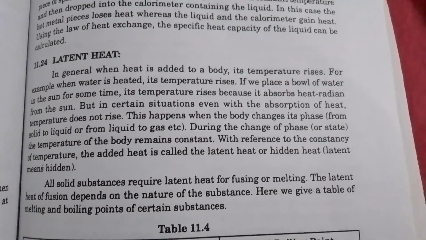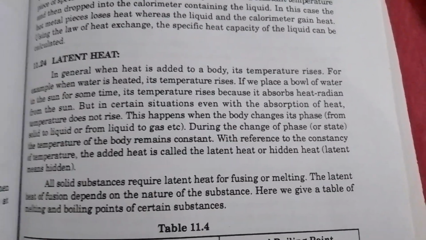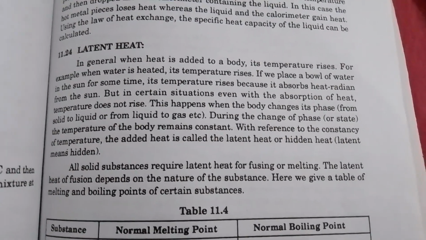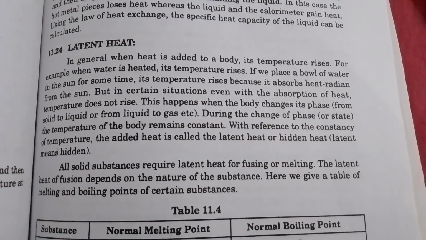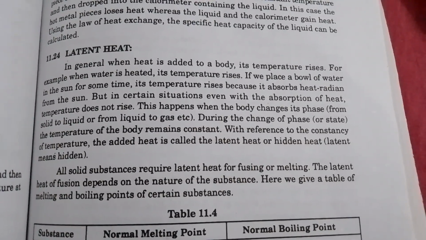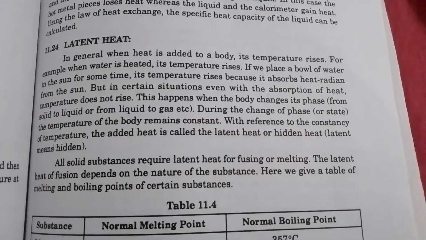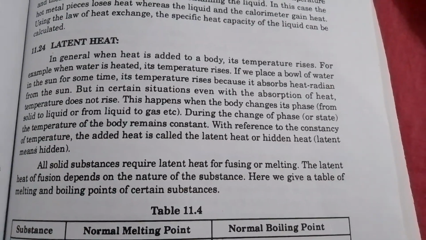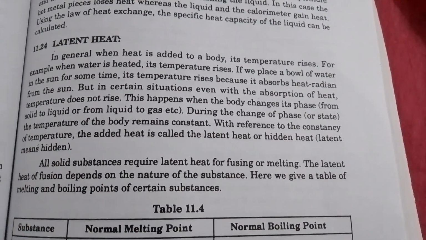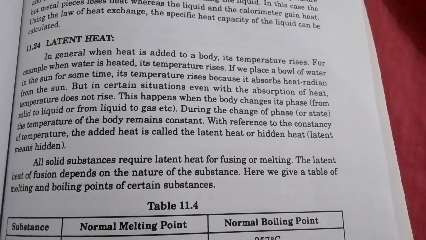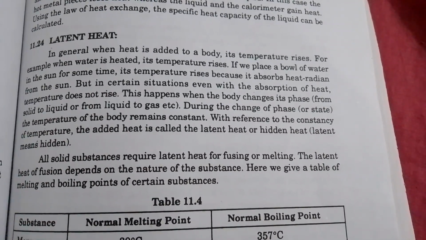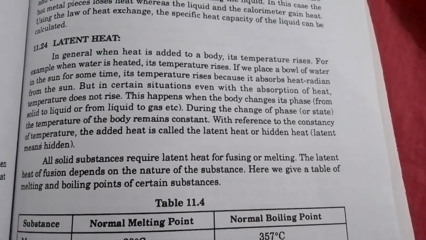In general, when heat is added to a body, its temperature rises. For example, when water is heated, its temperature rises. If we place a bowl of water in the sun for some time, its temperature rises because it absorbed heat radiated from the sun. But in certain situations, even with the absorption of heat, temperature does not rise.